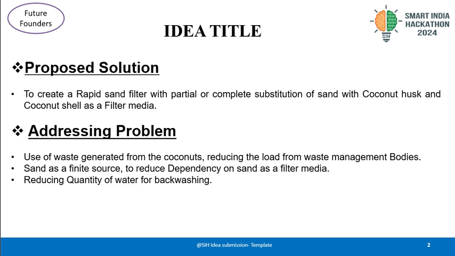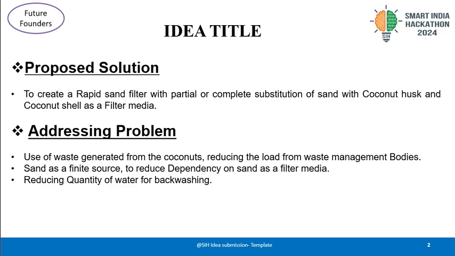Second one is sand as a finite source, to reduce the dependency on sand as a filter media. Sand, as we have already discussed, is a limited resource, and depletion of sand can have negative impacts on the environment. So, the use of coconut husk and shell instead of sand can be beneficial.